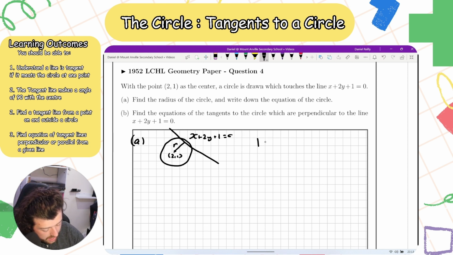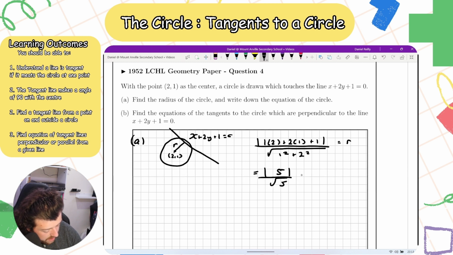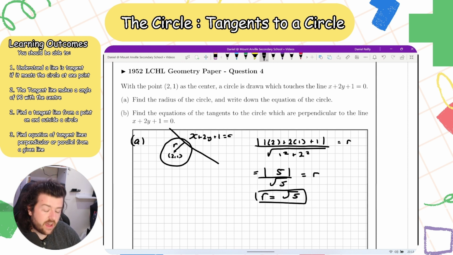So it would be 1 times 2 plus 2 times 1 plus 1 all over the square root of 1 squared plus 2 squared. That's equal to my radius. This is equal to the absolute value of 5 all over the square root of 5. My radius is equal to square root of 5 because 5 divided by root 5 is root 5.